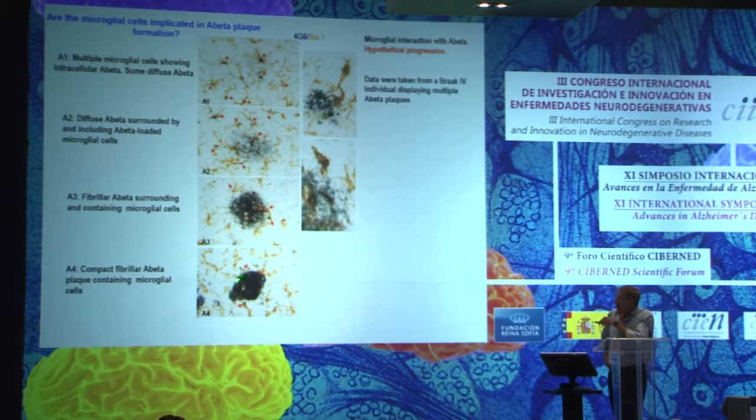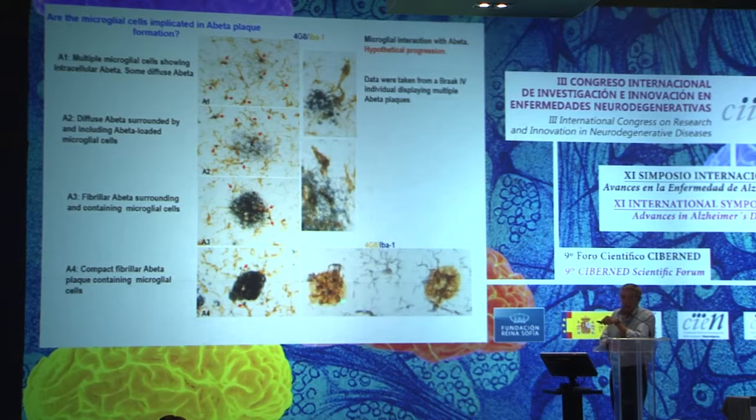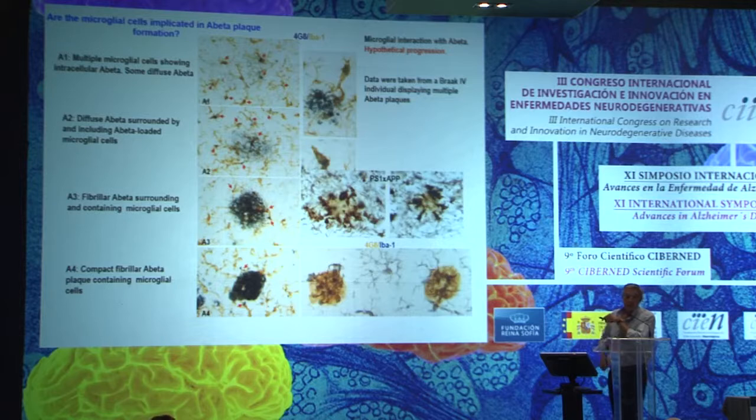And finally, you have a compact A-beta plaque that indeed has microglial cells inside, just changing the colors in the immunohistochemistry. That totally differs from the position of the microglial cells in models. In models, as I mentioned before, the microglial cells are always surrounding the A-beta plaque. In humans, the microglial cells are inside of the A-beta plaque.